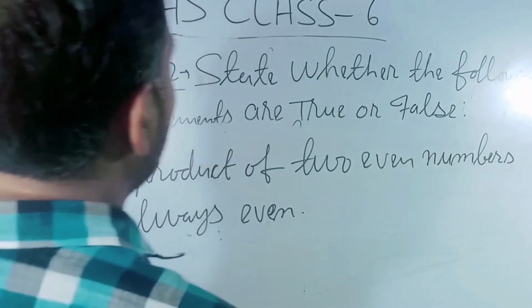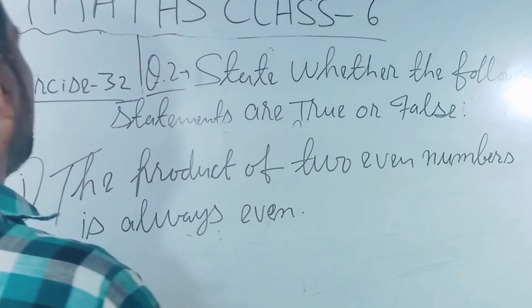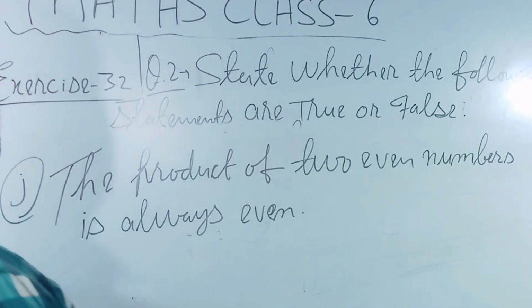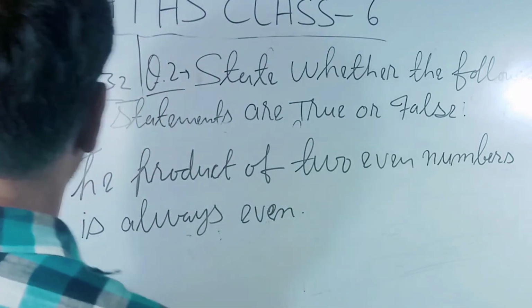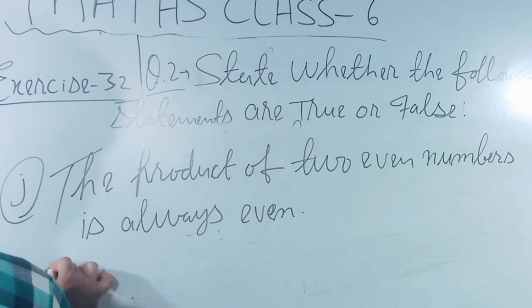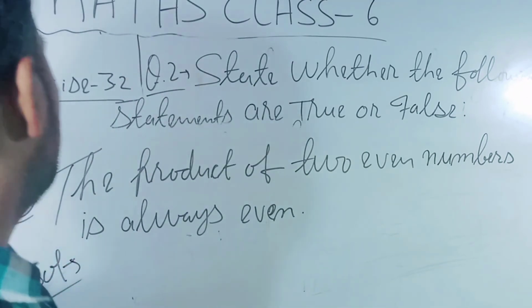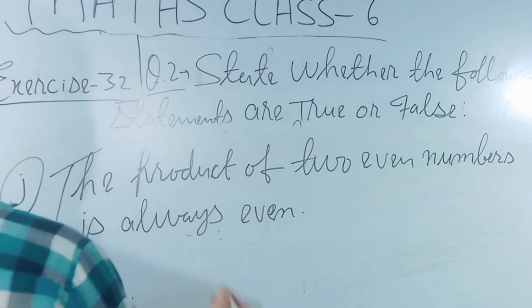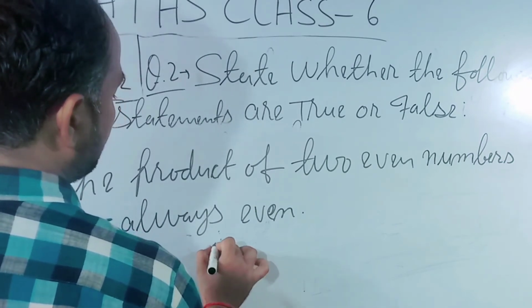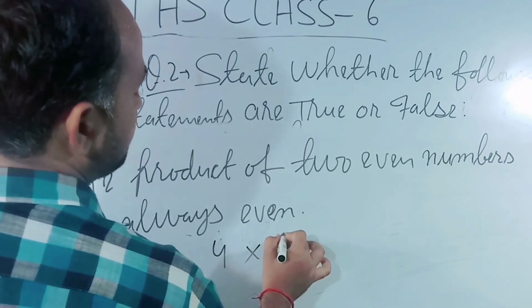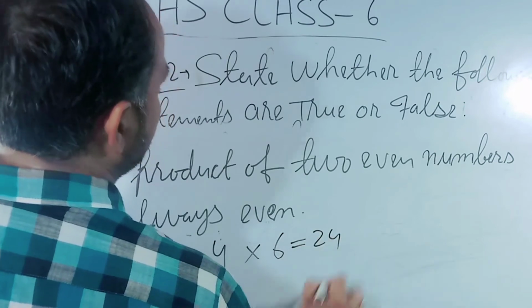Now the next question: the product of two even numbers is always even. See the solution. We take any two even numbers. Suppose 4 multiply 6 is 24.